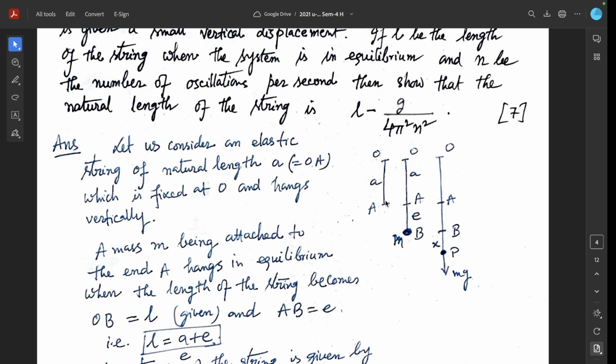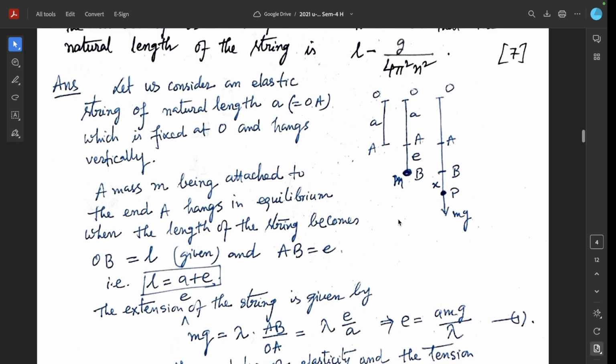This is the equilibrium position after we attach this mass m. So the initial length is a, and AB is the extension E after hanging the mass m. So OB equals L, actually L means a plus E.